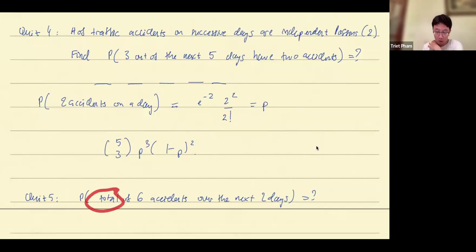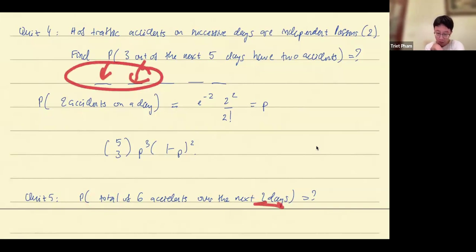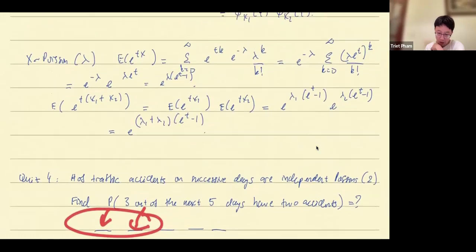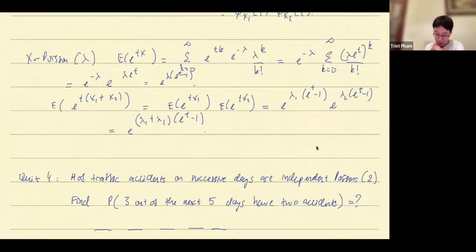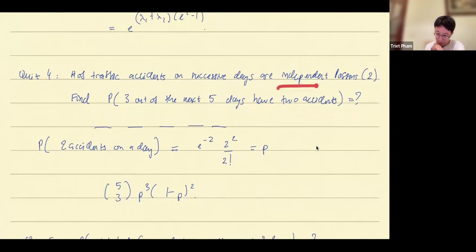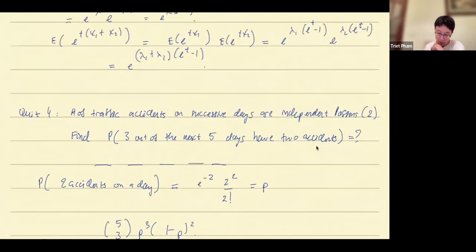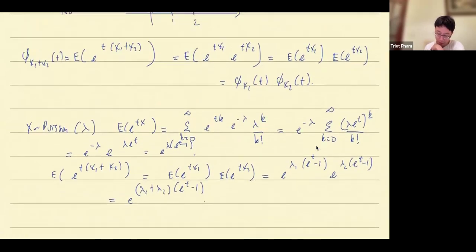So the keyword here is total. Total refers to sum. So this is a Poisson, this is a Poisson. When you sum independent Poissons, you get a Poisson.